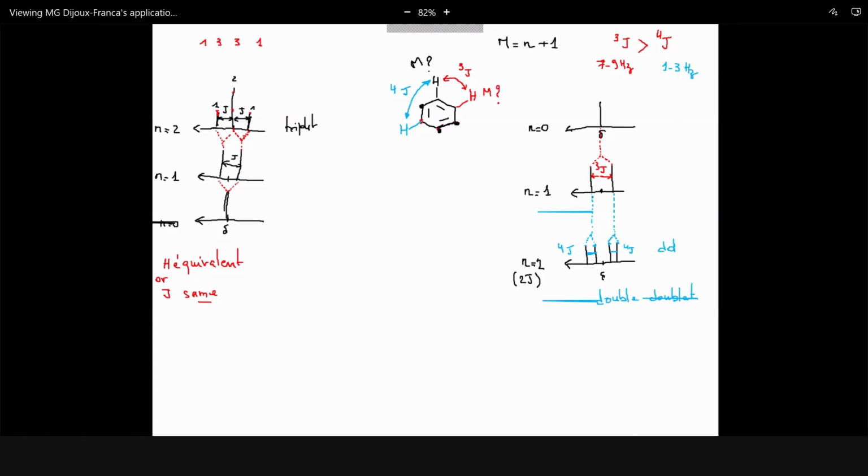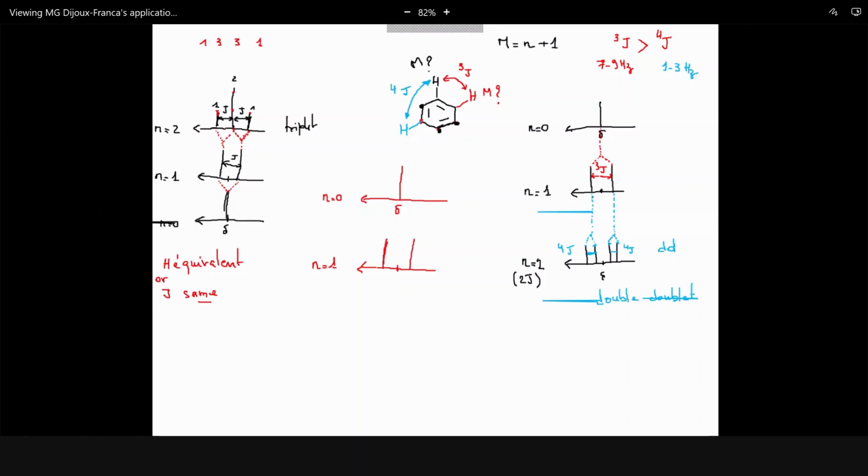If I do the same, so here, if I have the coupling with the black protons, it's a J3, so it's a big coupling constant, 8 hertz. So I have something like that.